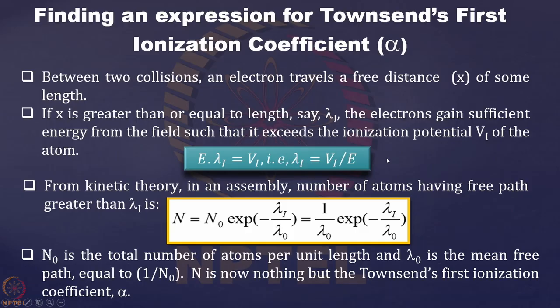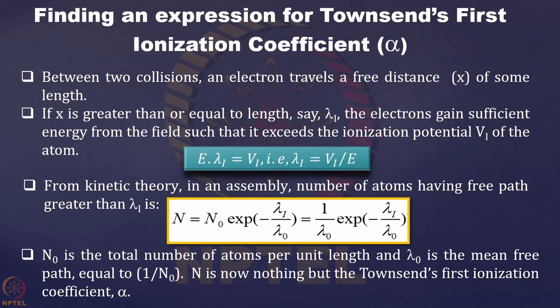So if the particles gain a free path of lambda i that equals Vi by E, then it will be able to produce ionization for those collisions. And what is the number of them? That is n equals n0 exponential of minus lambda i by lambda 0. So that is as per the kinetic theory formulation.